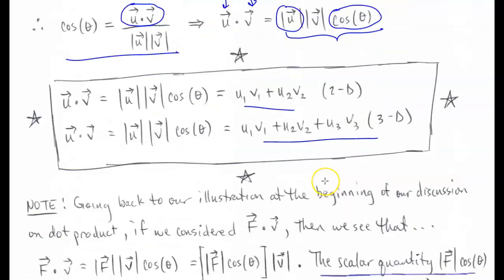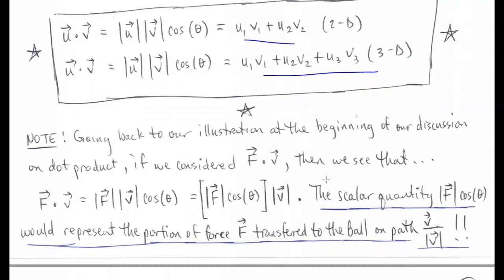Okay. All right, and so again, all I mentioned here is basically what I was saying about the example with the ball and the force that acts on the ball. Of course, in terms of that example, F, whether it's F1 or F2, is going to be the force that acts on the ball. V is going to be the actual velocity of the ball along some certain path. Okay.